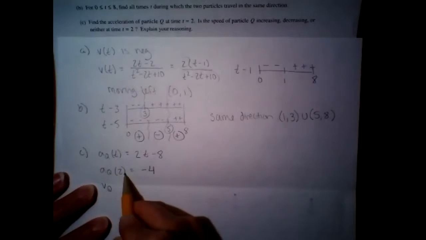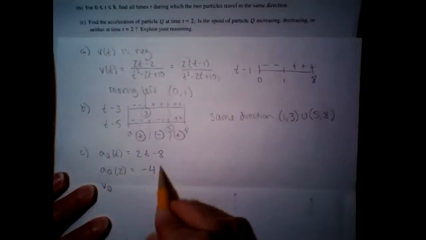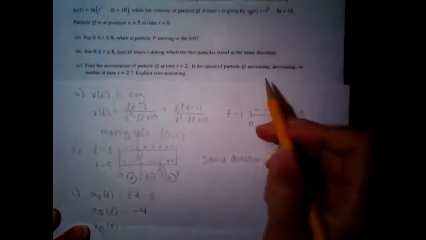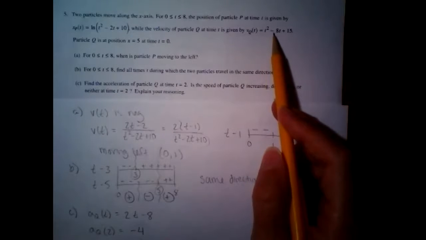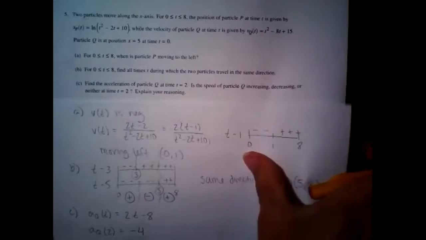So our acceleration at 2 is negative. We need to get our velocity at 2. If you plug 2 into velocity, that would be 4 minus 16, so -12 plus 15 would be 3.